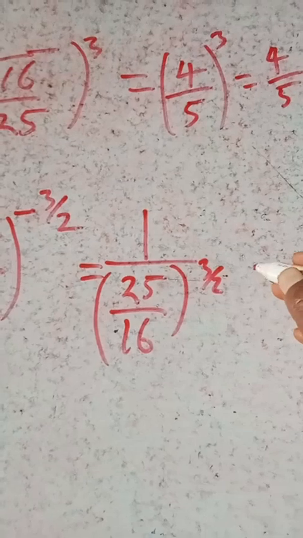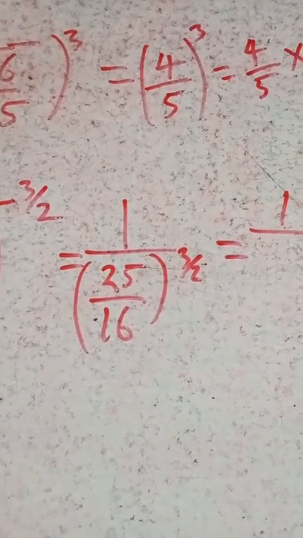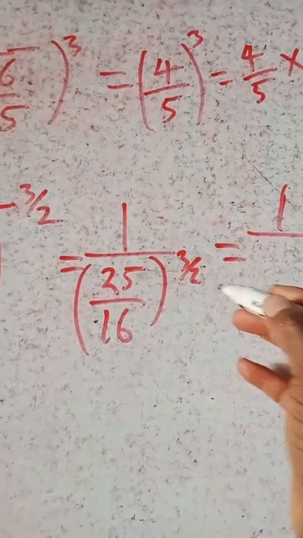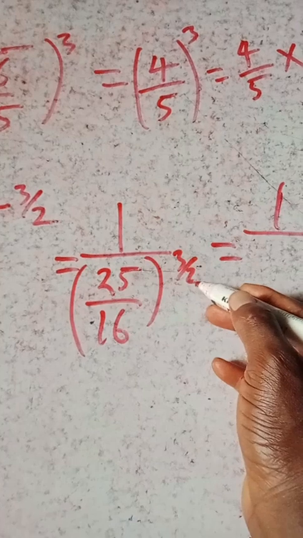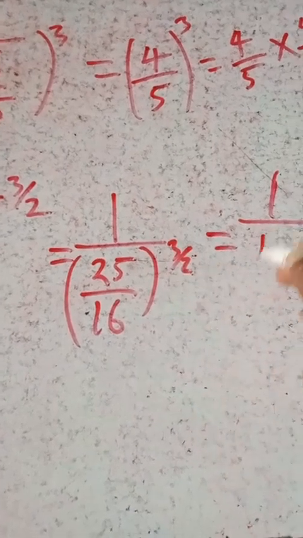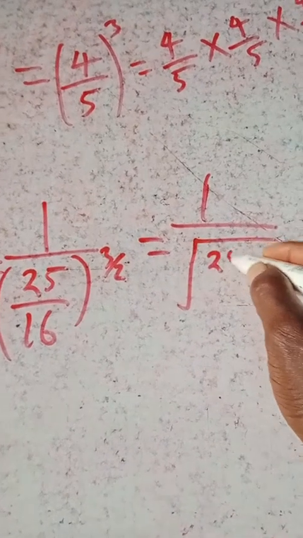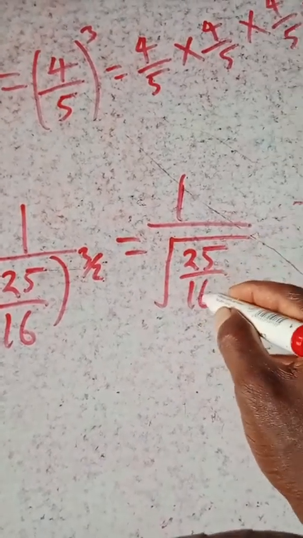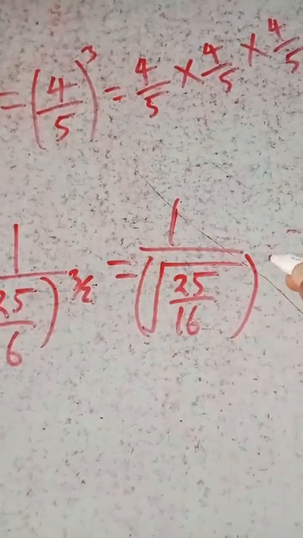Then we move on to say we are still maintaining our 1 divided by, we know that 2 will form a root, which is square root. So we'll put square root of 25 over 16, then raised to power 3.